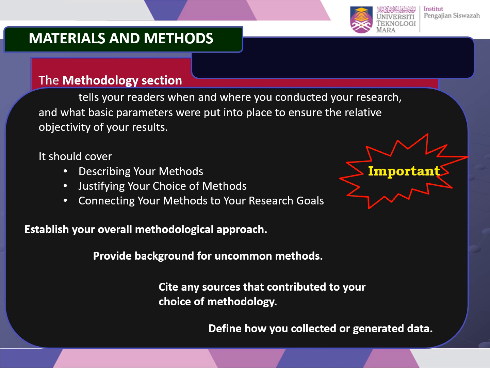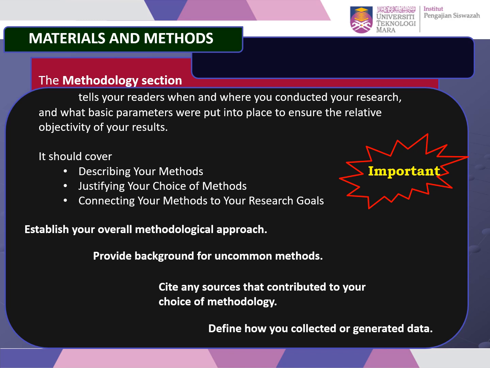In general, it's very important that your method section covers describing your methods, justifying your choice of methods, and connecting your methods to your research goals, in alignment. You may start by establishing your overall methodological approach, and then you may also provide background for uncommon methods.